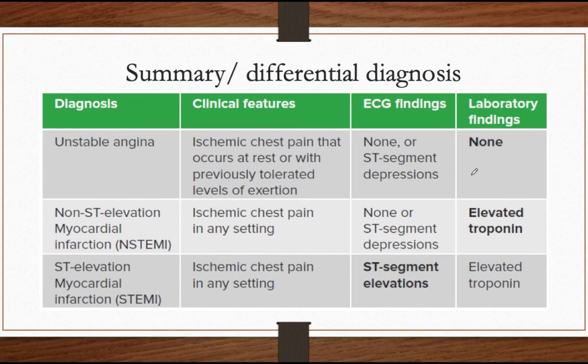There are no laboratory findings that may point to unstable angina. If it is NSTEMI, there is also chest pain in any setting. ECG findings, there may be ST segment depression, and laboratory findings may pinpoint to elevated troponin levels.